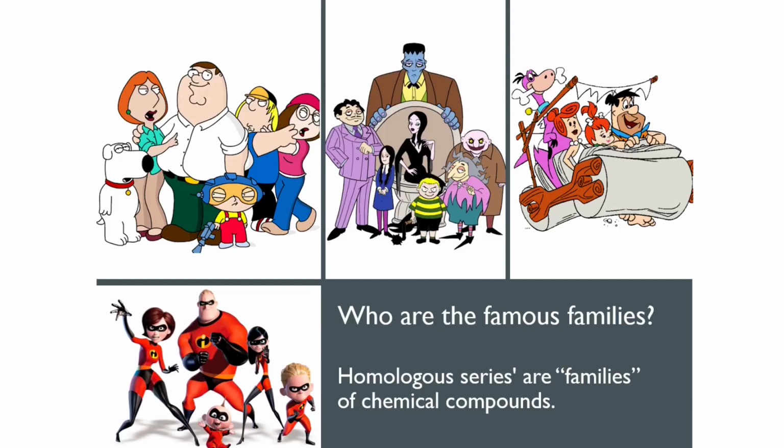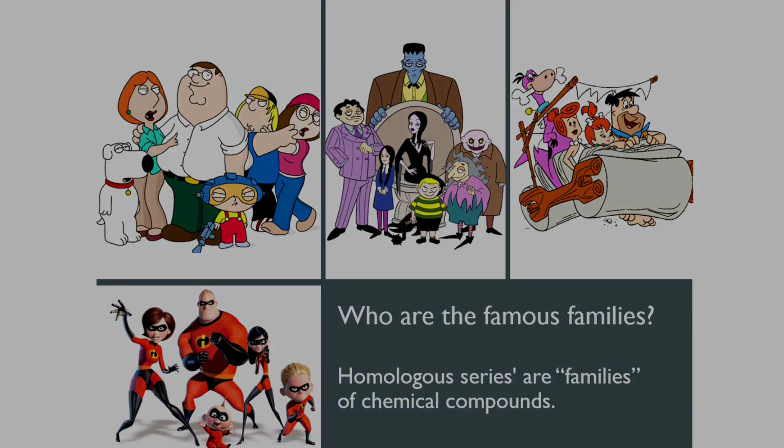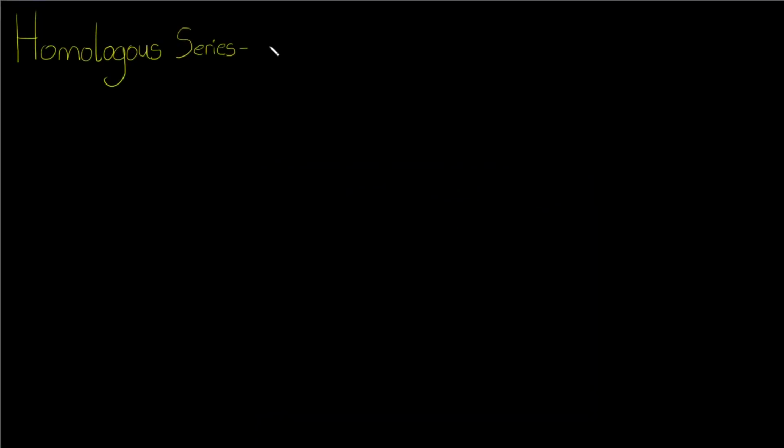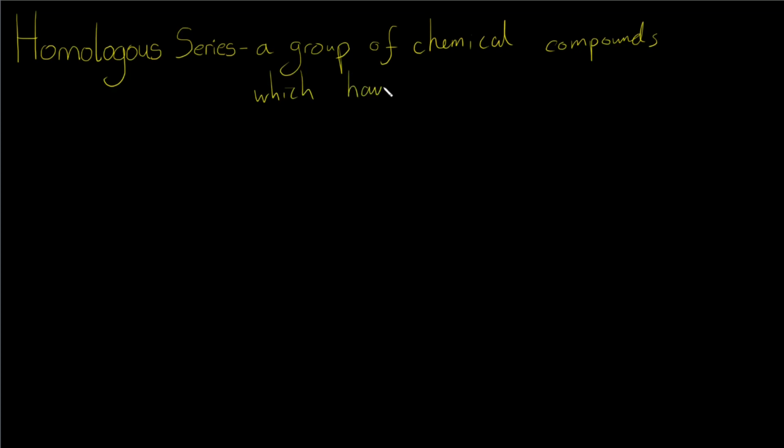So I think it's worth at this point to stop and get a proper definition written down here for homologous series, exactly what the SQA expect you to remember. Now here's the definition that you are expected to know in full and to be able to recite whenever you're asked about homologous series. A homologous series is a group of chemical compounds which have the same general formula.